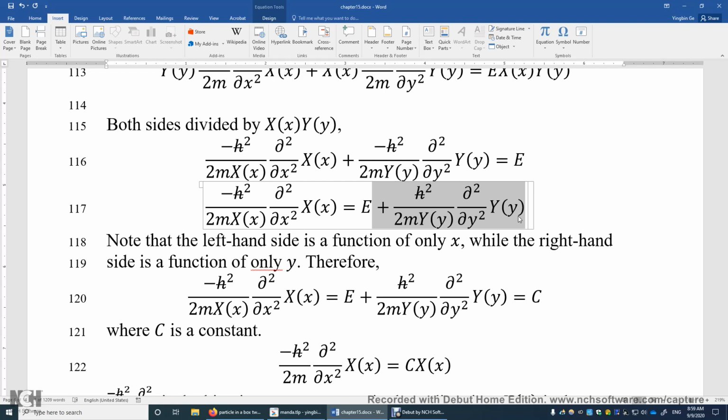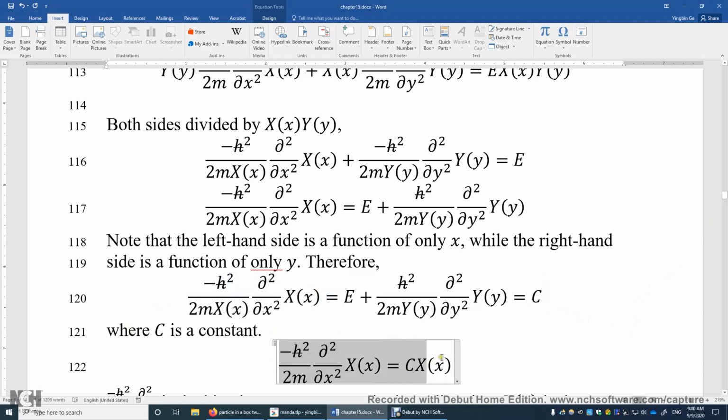The only possibility is that the function on the left-hand side is a constant, and the function on the right-hand side is the same constant. So we're going to define that constant to be c over here.